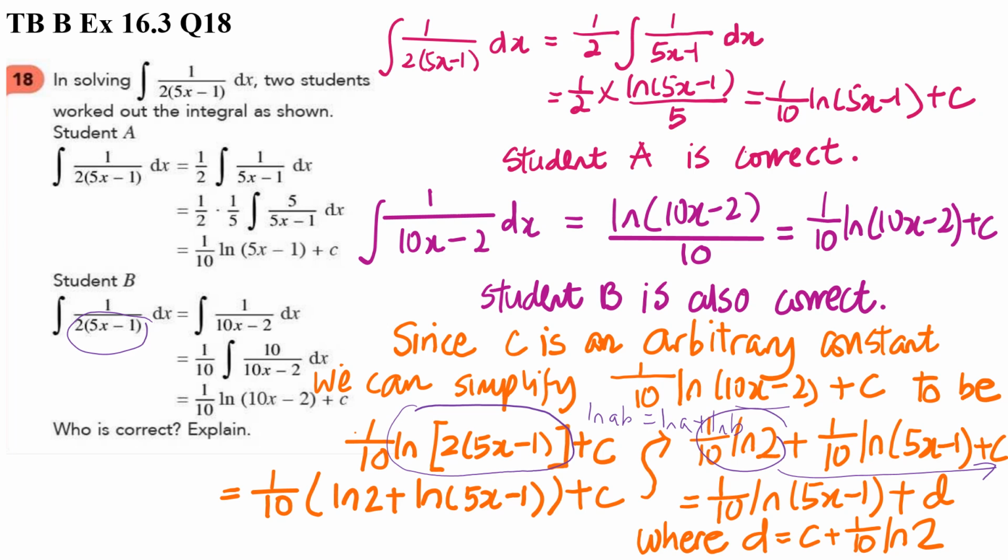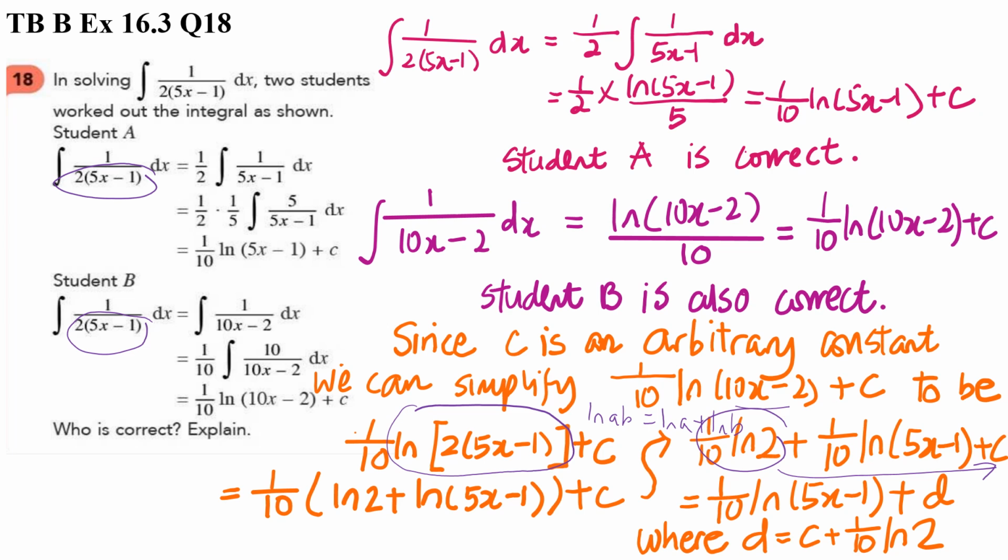However, if you ask me which one is the preferred solution, I would tell you student A. Why do you want to go through the trouble? What I mean is that if you're given an expanded form, you can just pull out the fraction half. Why do you want to multiply in and then make it more complicated?